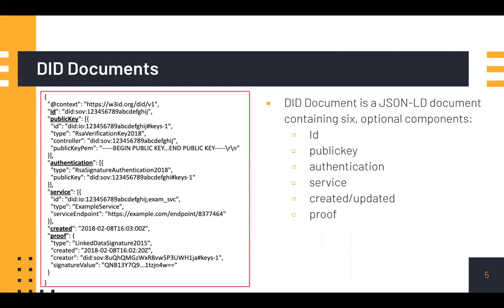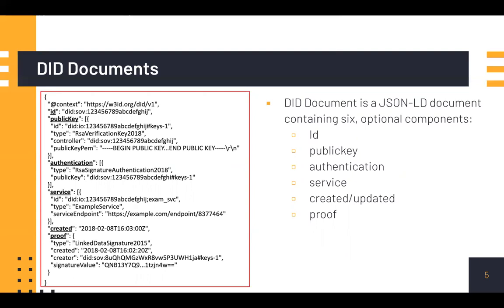A DID document is actually a JSON-LD document containing six optional components. You can see from the left side, the first one is the ID. It's a DID. The second component is a public key, which shows exactly which public key is associated with this DID. Also, the following component is authentication, which specifies which authentication method will be used to verify this DID document.